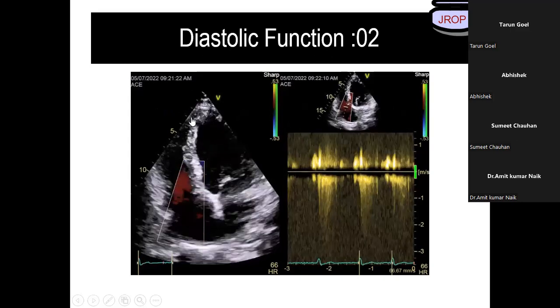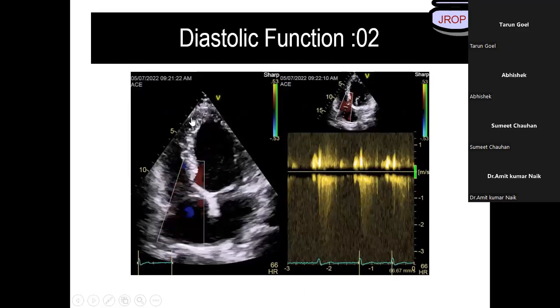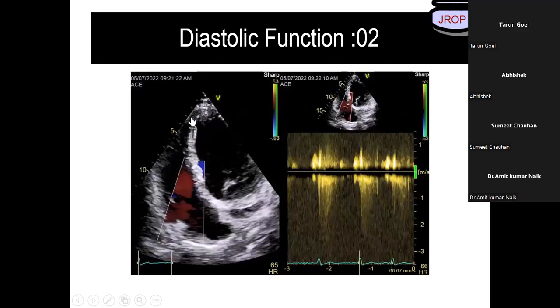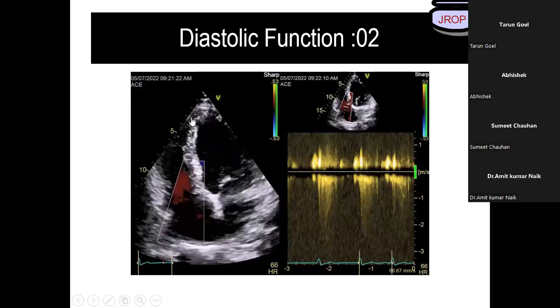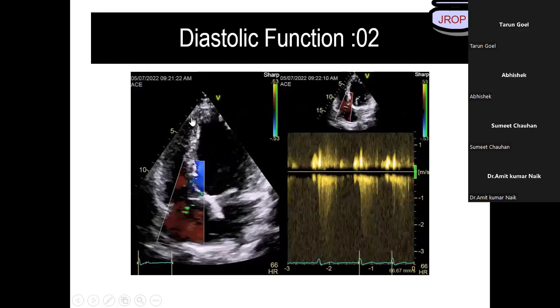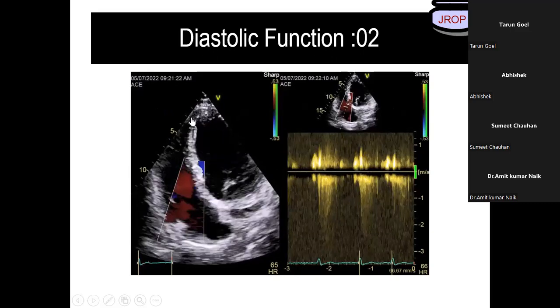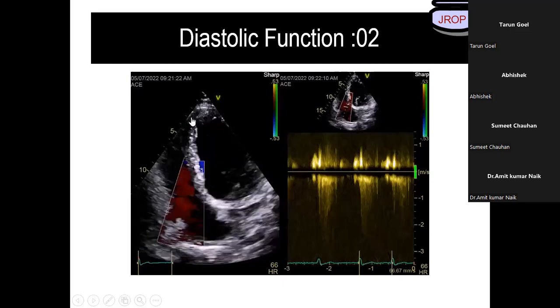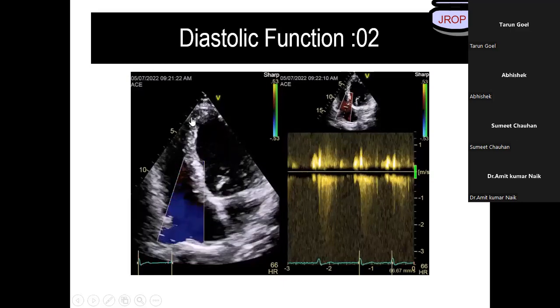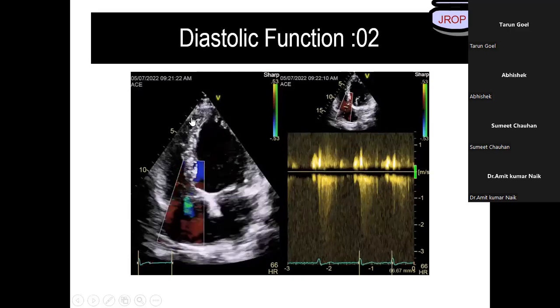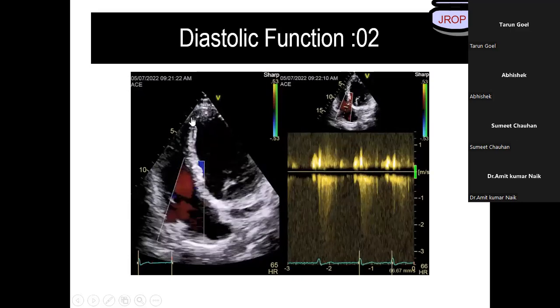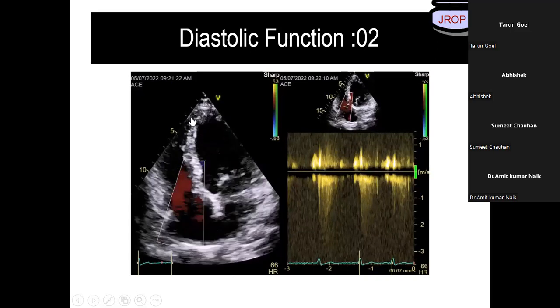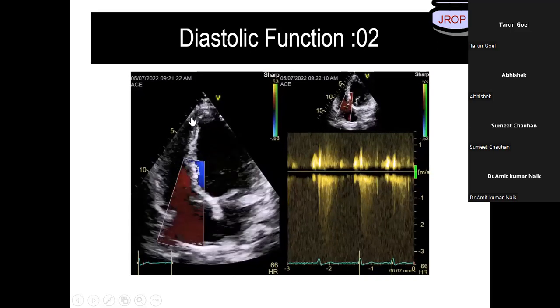Is it LV diastolic function? Speak loudly, Tarun. I can't hear you. Sir, likely LV diastolic function, sir. What category of LV diastolic function it is? I hope you understand what I am asking you, Tarun. Yes, sir.